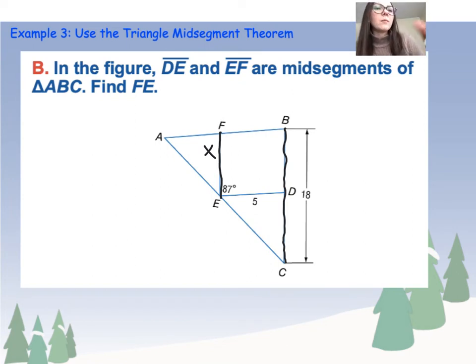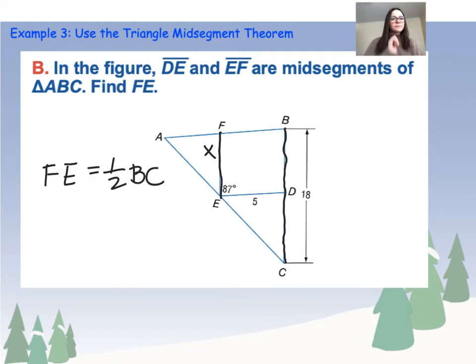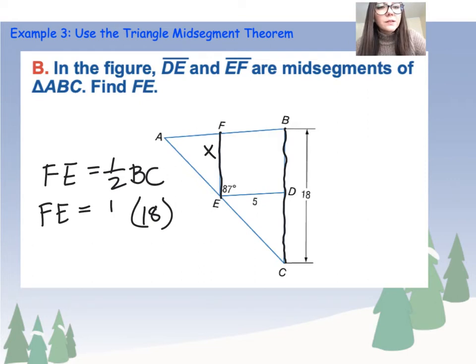So let's set up our equation. We have the mid-segment is equal to half the length of the side that it's parallel to. We can substitute 18 for BC. So just half of 18 is 9.